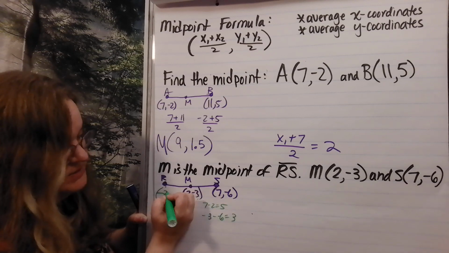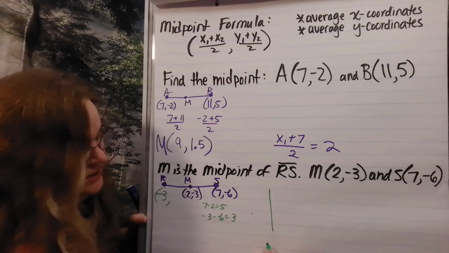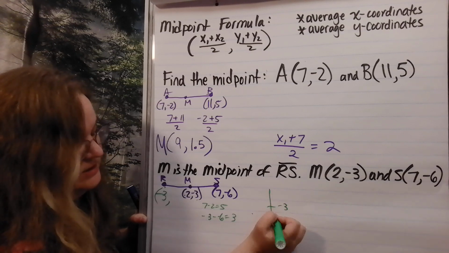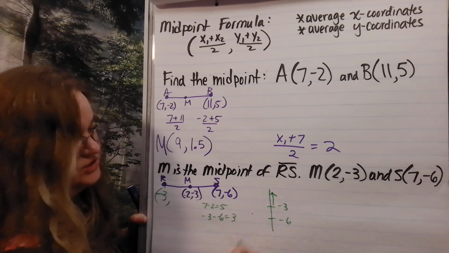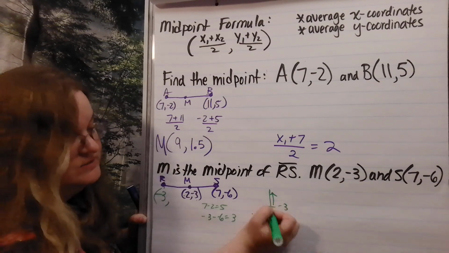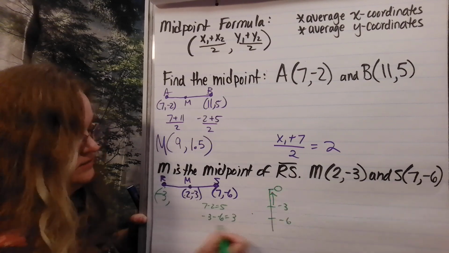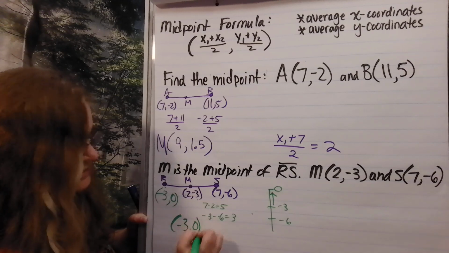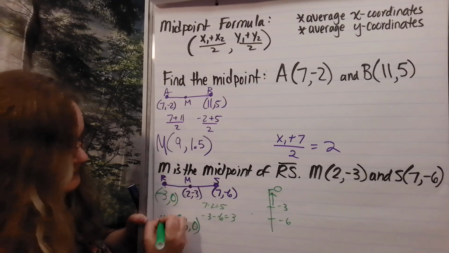I need to go the opposite direction. So if I'm thinking about the vertical number line, if -6 is here, -3 is here, I have to go this direction. So I'm getting less negative. So I'm going to add 3, which would be 0. And so my point -3, 0 is what R would be.